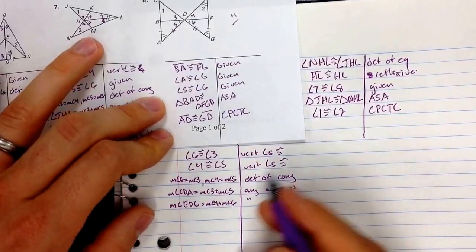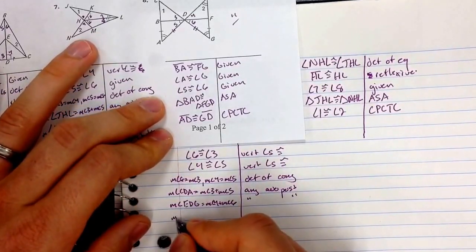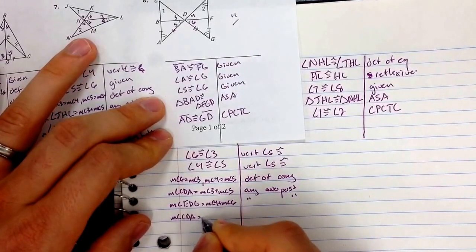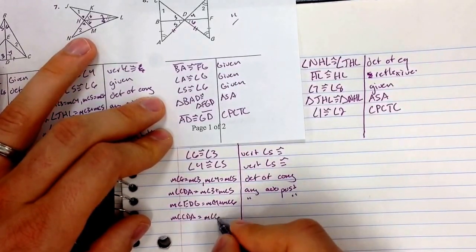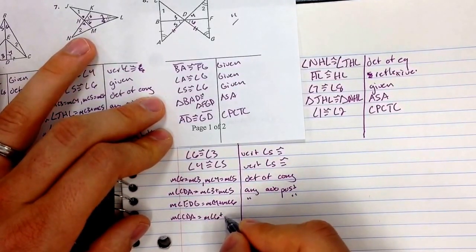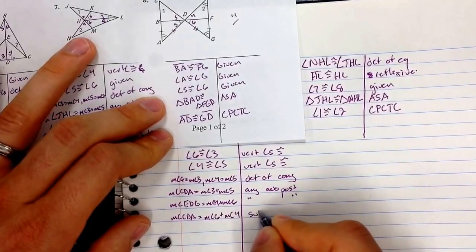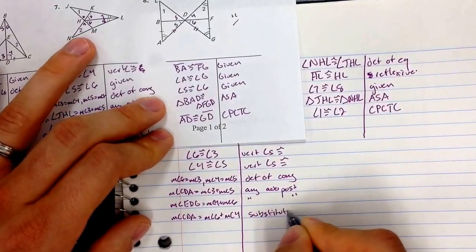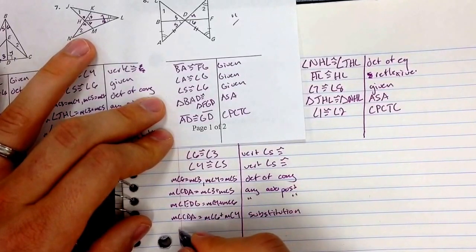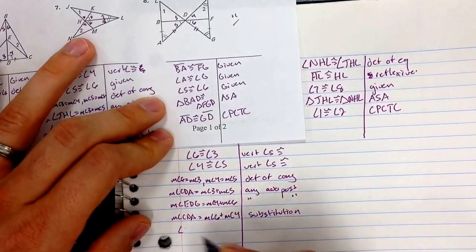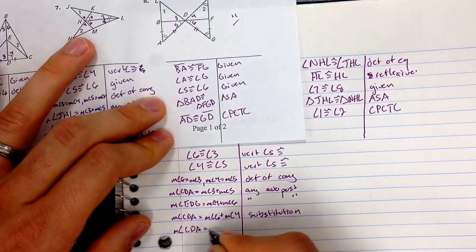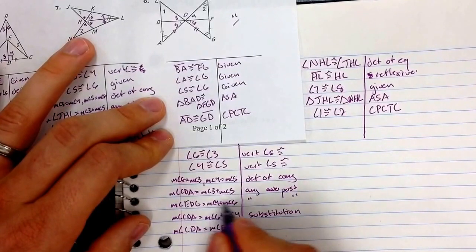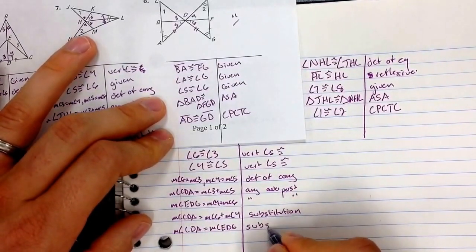If I want 6, I can also use 3. So I can say the measure of angle CDA is equal to the measure of angle 6 plus the measure of angle 4 by substitution. I'm then going to say that the measure of angle CDA is now equal to the measure of angle EDG, also by substitution because I've got them equal to the same sum.